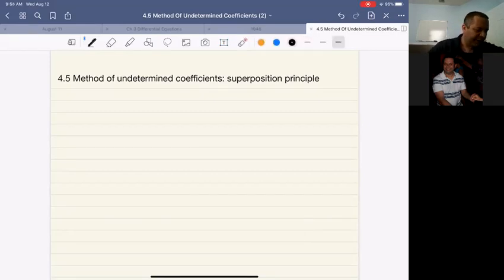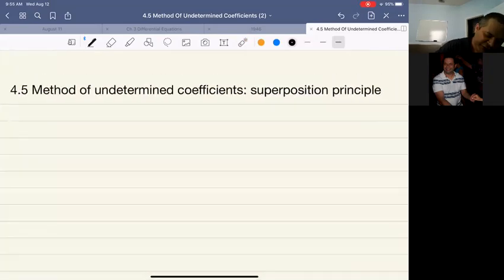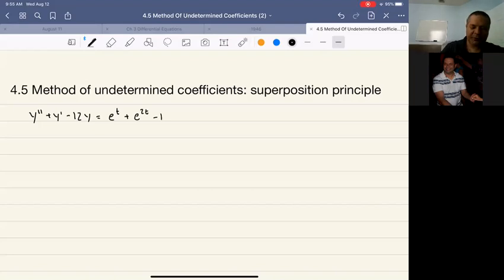So let's take the equation y double prime plus y prime minus 12y equals e to the t plus e to the 2t minus 1, okay, with initial conditions y of 0 equals 1, y prime of 0 equals 3.